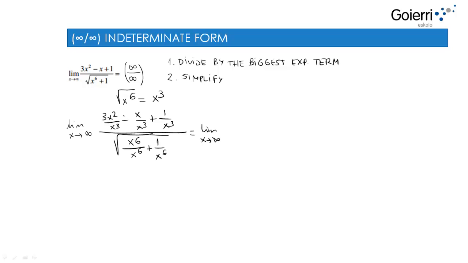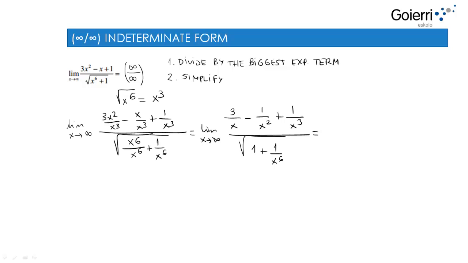So 3x squared over x to the third is 3 over x, minus x over x to the third, this is 1 over x squared, plus 1 over x to the third. And in the bottom we have the square root of 1 plus 1 over x to the 6. Okay then.